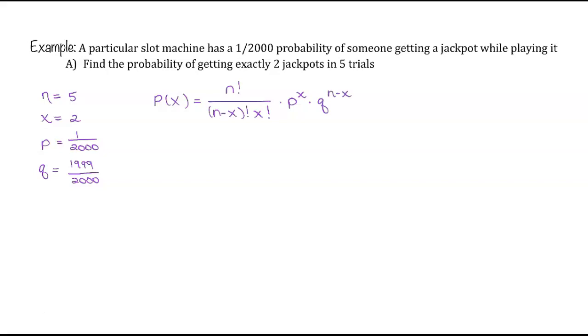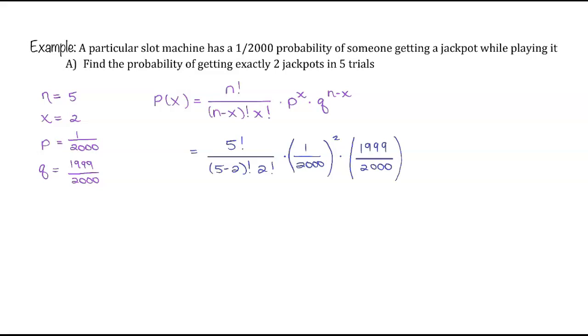Substituting our values for n, x, p, and q, we have n factorial, or 5 factorial, divided by n minus x, or 5 minus 2 factorial, times x factorial, or 2 factorial, multiplied by p, 1 over 2,000, squared, times q, 1,999 over 2,000, raised to the exponent of n minus x, or 5 minus 2.